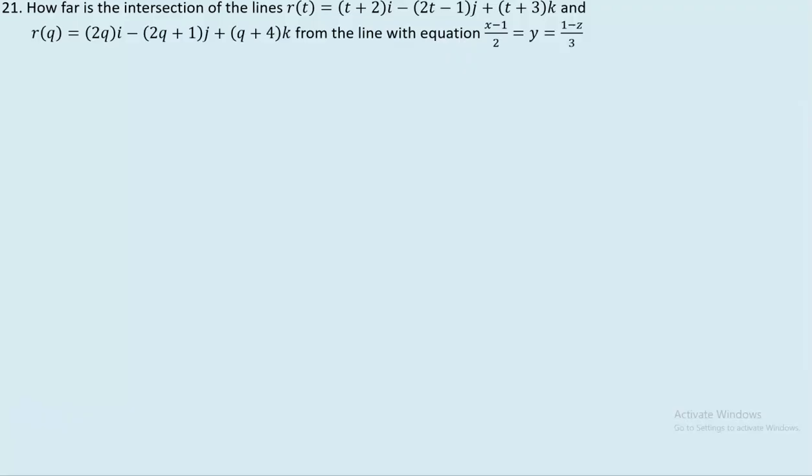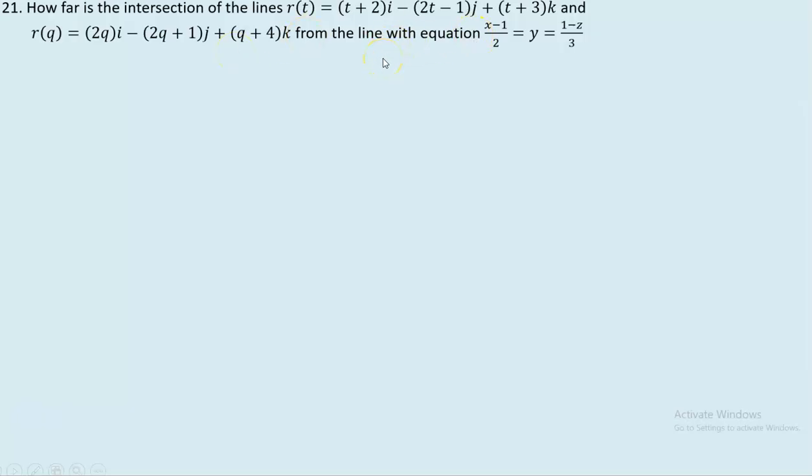The vector equations of the two lines are given in terms of t and in terms of q. So we first need to find the point of intersection between r of t and r of q lines. And once you obtain that point of intersection, you are asked to find the distance between that point of intersection and the line.